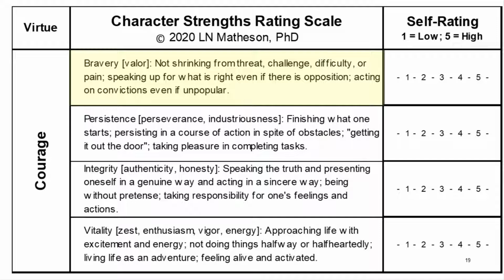If you'll take a look at the Character Strengths Rating Scale PDF now, you'll see 24 character strengths organized into 6 virtue categories. Bravery is one of 4 character strengths within the virtue that we call courage. Courage is also composed of persistence and integrity and vitality. People who are exemplars of courage generally have high levels of all 4 of these character strengths.